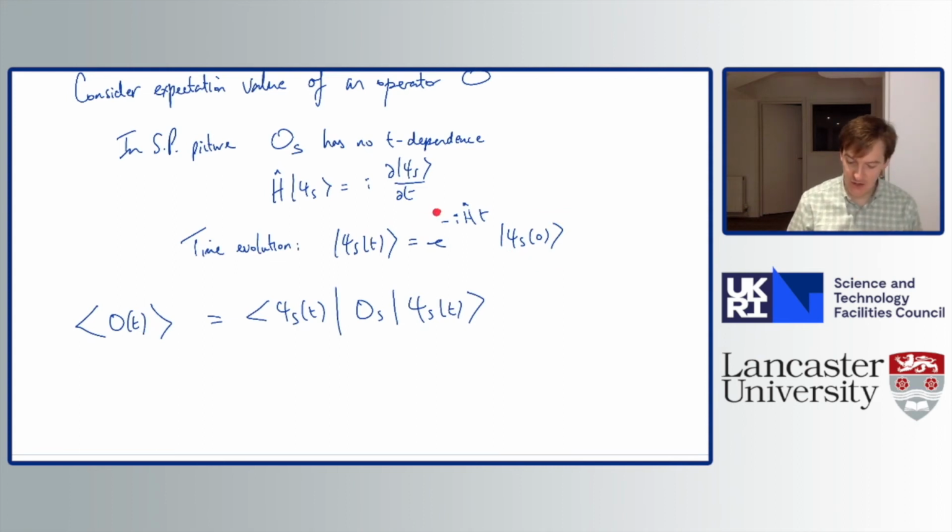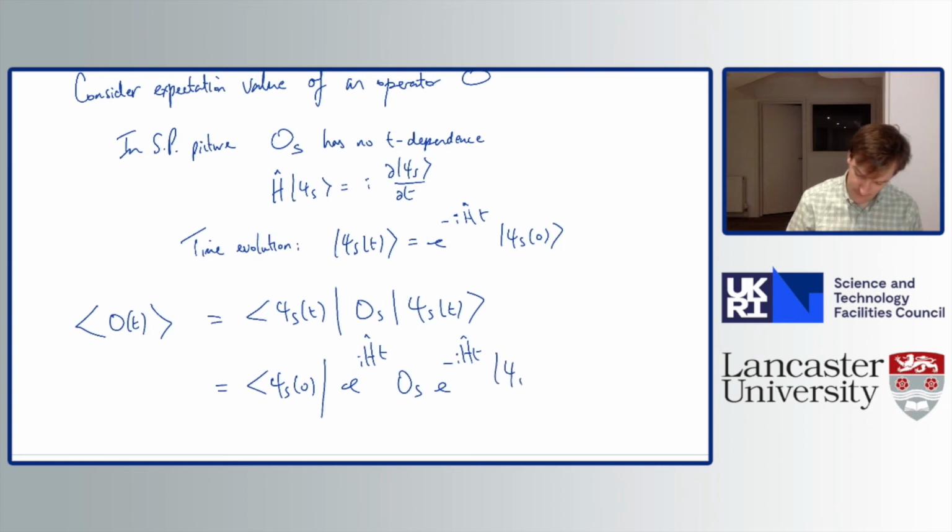So let me substitute in for the Schrödinger state this full expression. So we'll get some time independent state, e to the iHt. We're obviously having to take the complex or Hermitian conjugate of these operators and of the exponential. So this is the expression we have.